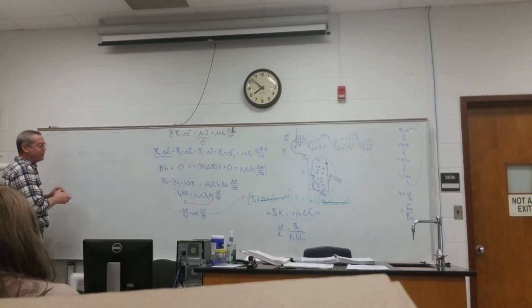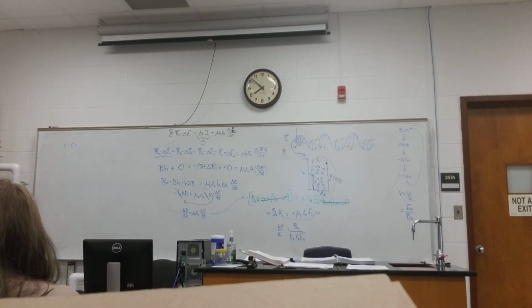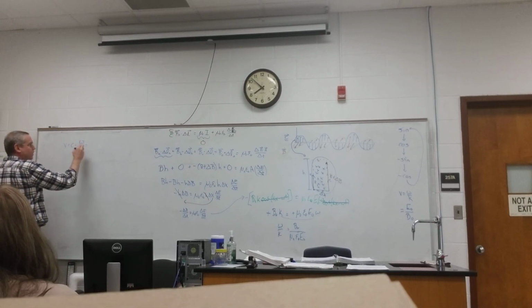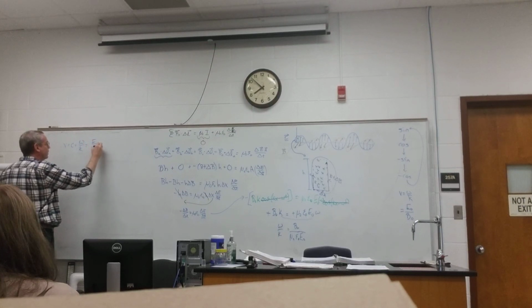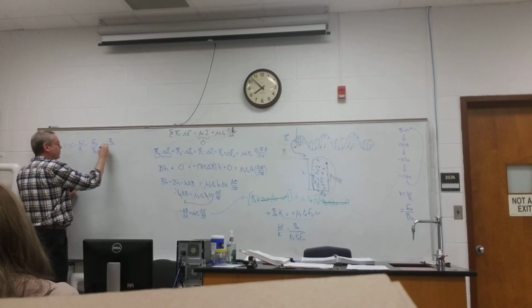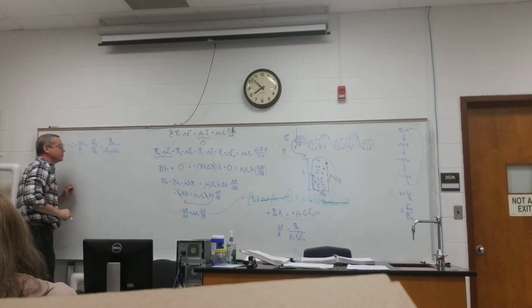So what we have here is that the speed of the electromagnetic wave, and traditionally the letter C is used for it, is equal to omega over K, which is equal to E sub 0 over B sub 0, which is equal to B sub 0 over E sub 0 mu naught epsilon naught.